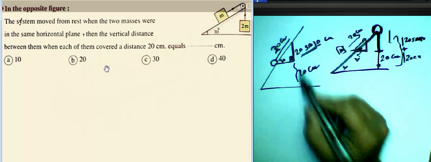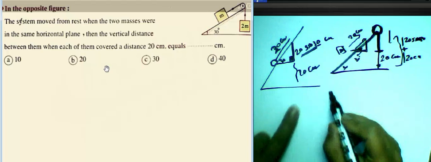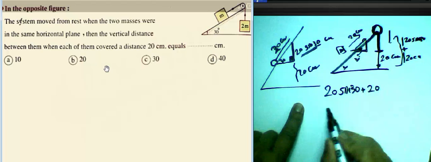This height and this height of 20 centimeters, we will add them to find the vertical distance between them. We must add 20 sine 30 plus 20 centimeters.